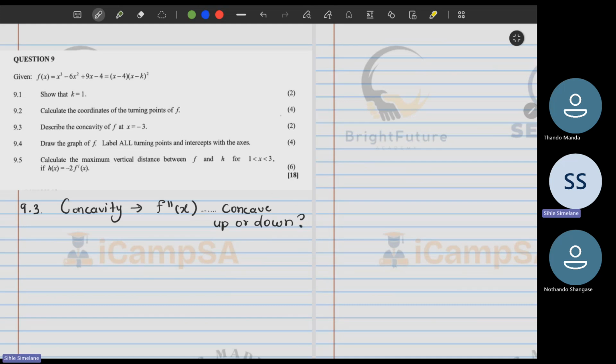So we have our f of x, which is x cubed minus 6x squared plus 9x minus 4. And what we can do is we can find the first derivative, which we had found before, which became 3x squared minus 12x plus 9.